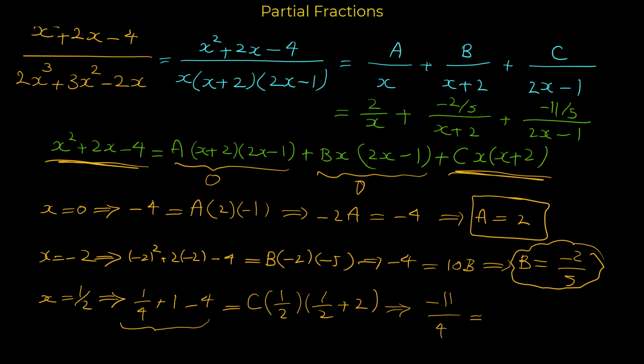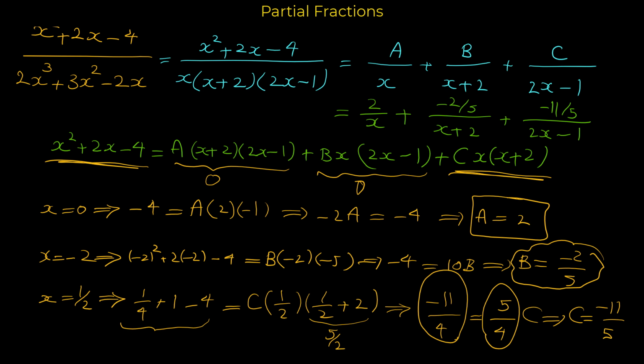And if you do a simple calculation on the right side, this is 1/2 plus 2, 5 over 2. 5 over 2 times 1 over 2 is 5 over 4. From here, c would be negative 11 over 5. Simply, c is this divided by this, simplify it, and you get this value. And attention, this is exactly the same value as we got from the other method.